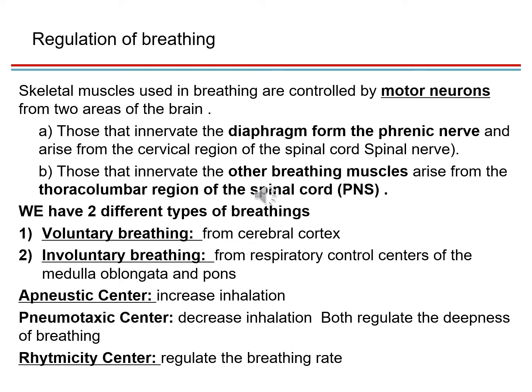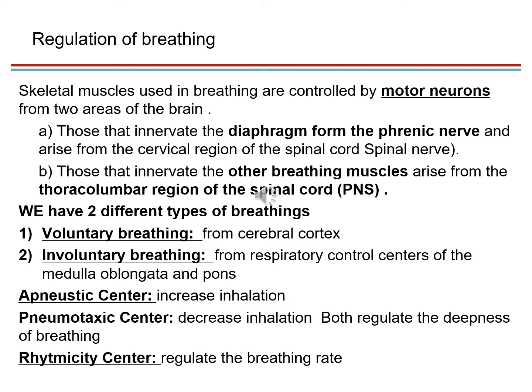And in those medulla oblongata and pons, we have three centers. One is called the apneustic center, that is the one that stimulates inhalation, increases inhalation, and the pneumotaxic center that decreases or inhibits the inhalation.